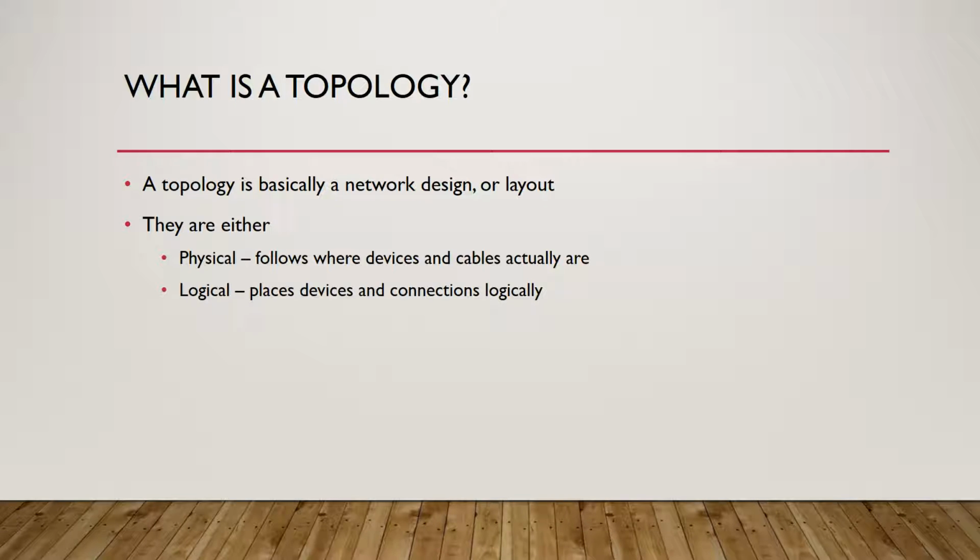With a physical topology, you have to have a physical plan for every single room, every single area of the building, and they can become quite large. Imagine it's like a blueprint of your entire premises.